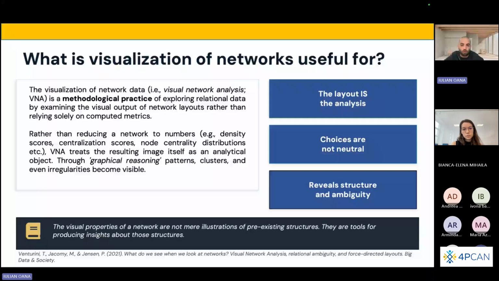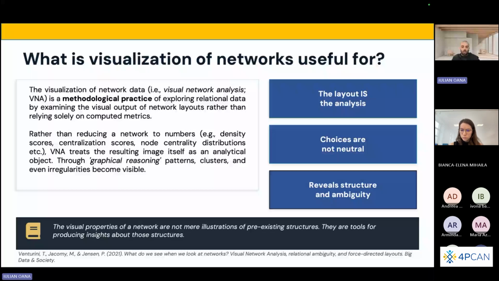But we have to take into account that the choices that we make in visualizing these networks are not neutral. So these visual properties are not mere illustration of a pre-existing structure.